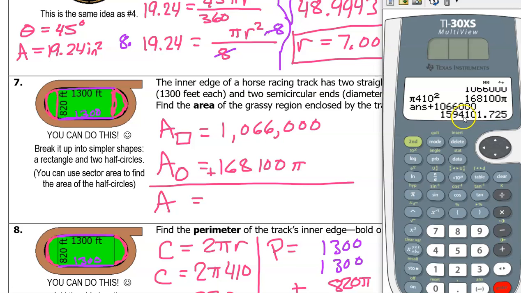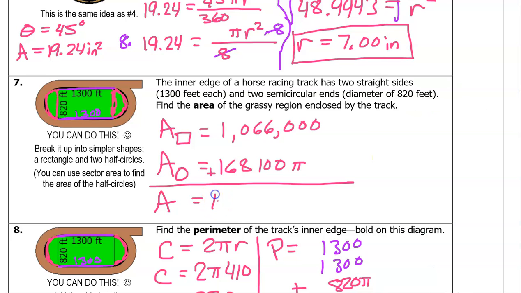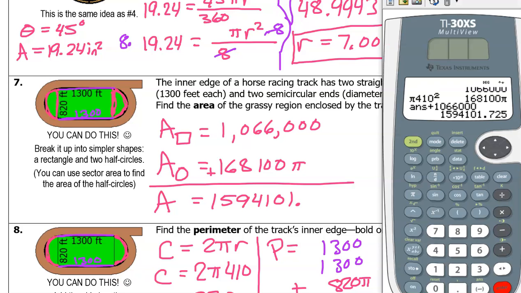Okay, so I'm putting in my little commas here. So this is 1,594,101. Let me write that much down. And what were those decimal places? 0.725.